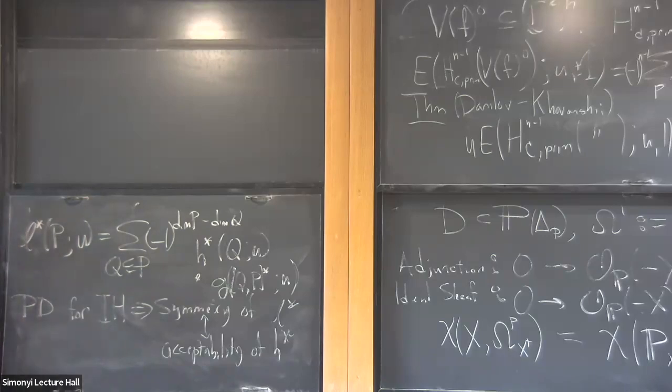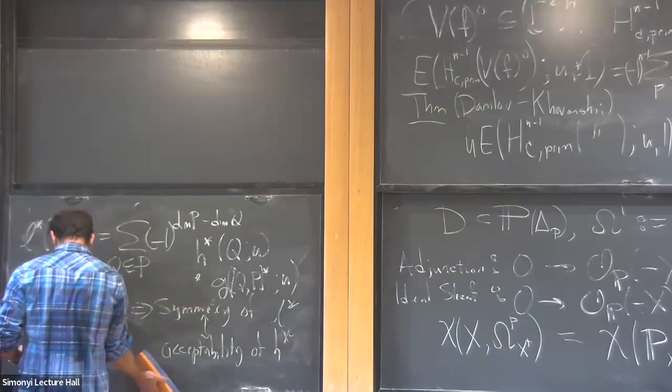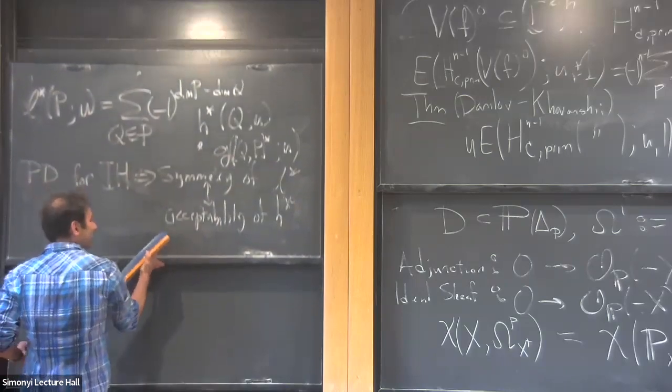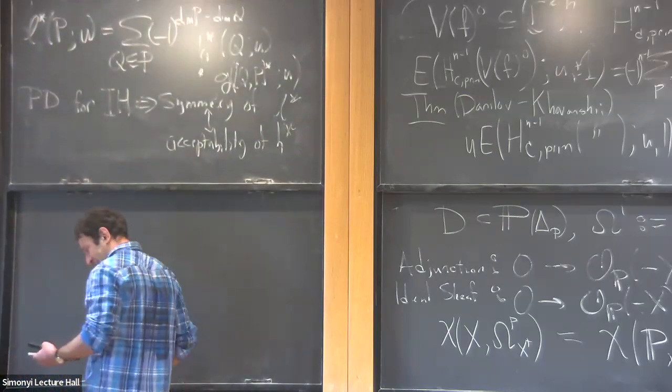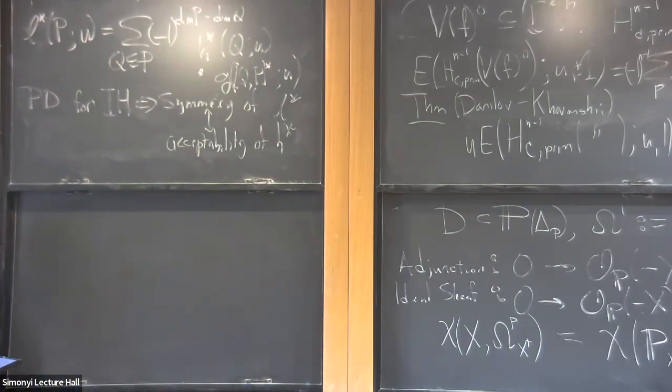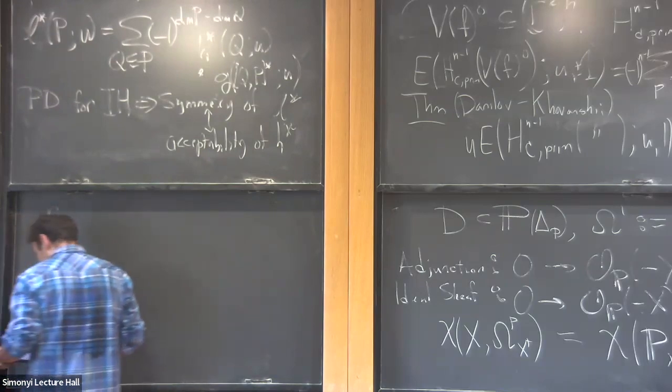Okay, so, all right, why might I care about this? If I have a family of hypersurfaces, that gives me a degeneration.